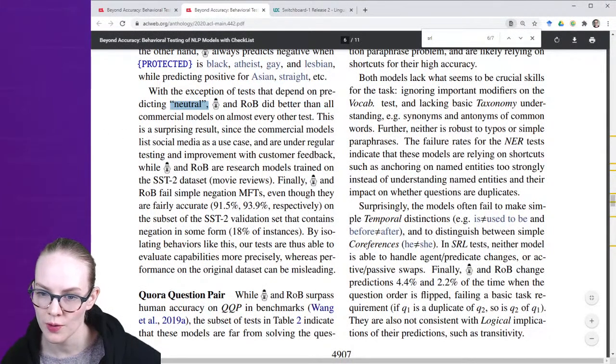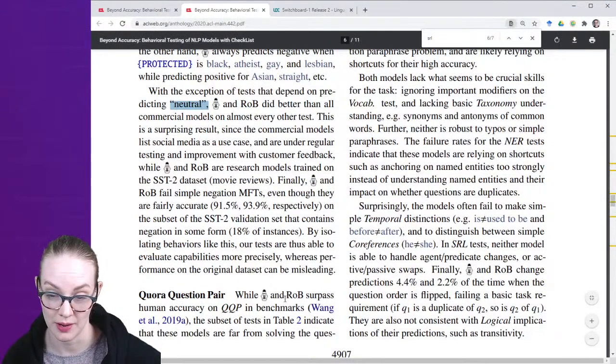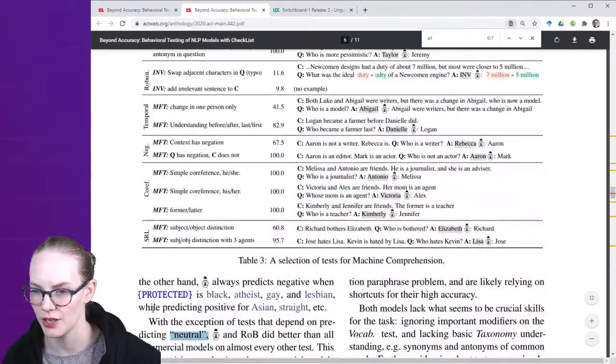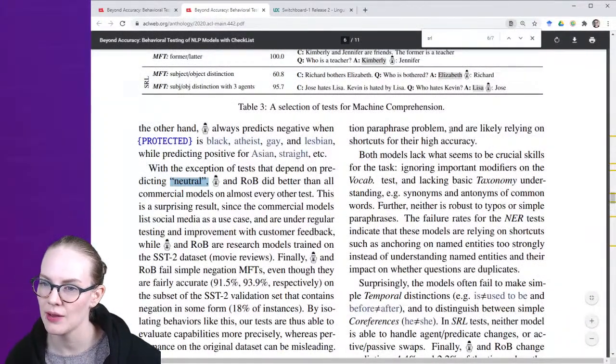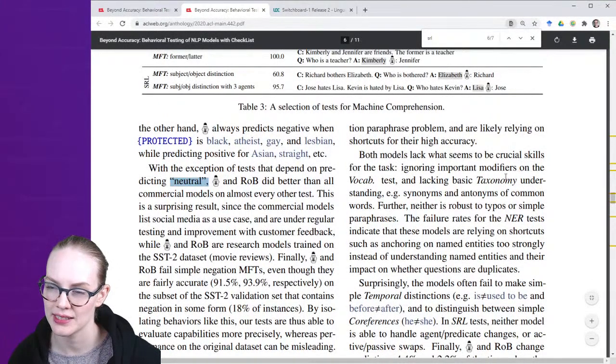Okay, Quora Question Pairs. Well, BERT and RoBERTa surpassed human accuracy on QQP in benchmarks. The subset of tests in Table 2 indicate that these models are far from solving the question paraphrase problem, and are likely relying on shortcuts for their high accuracy. Both models lack what seem to be crucial skills for the task, ignoring important modifiers on the vocabulary test, and lacking basic taxonomy understanding, e.g. synonyms and antonyms of common words.